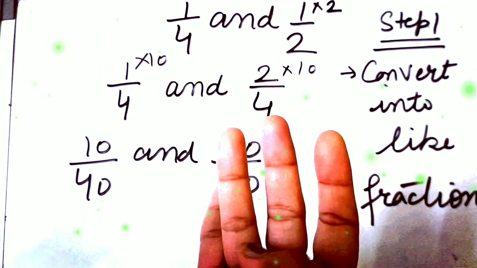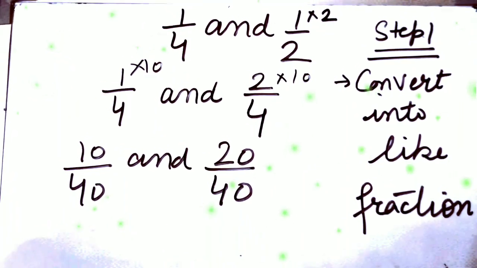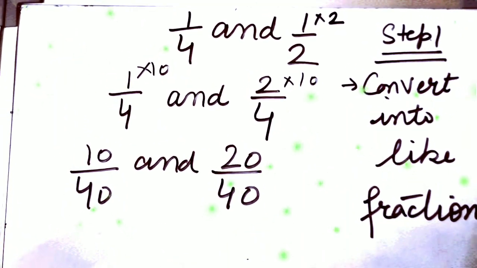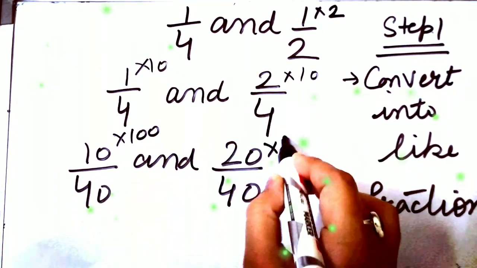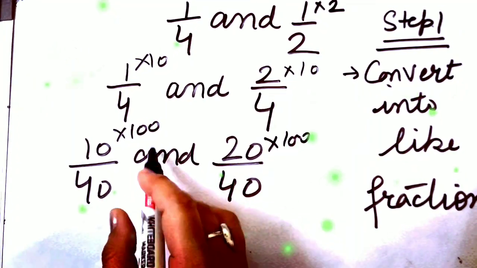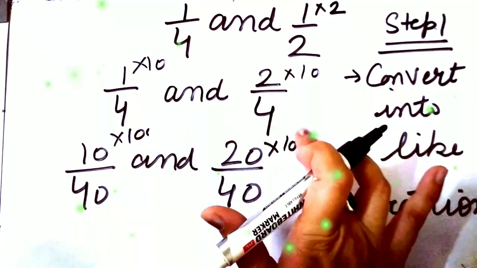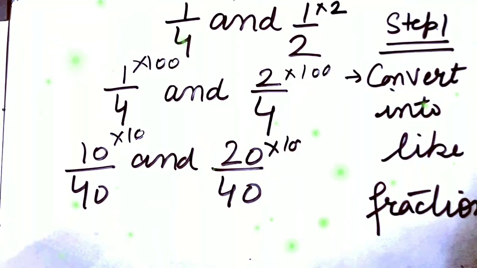There are 9 numbers. We don't have 10 numbers. So if I multiply it by 10, it is not going to help me out. In this case, we have to multiply it by 100.